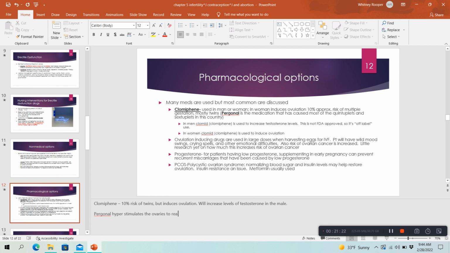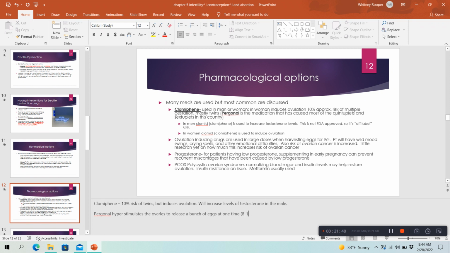So if we give these Pergonal or these big old guns that are considered fertility drugs, it causes as many as 8, 10, 12 eggs to be released. It hyperstimulates the ovaries, and that has a whole set of problems that go along with it.